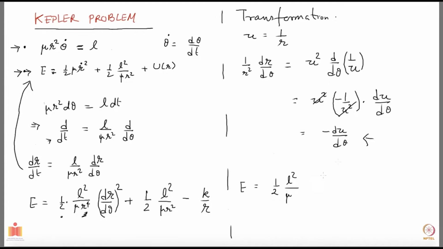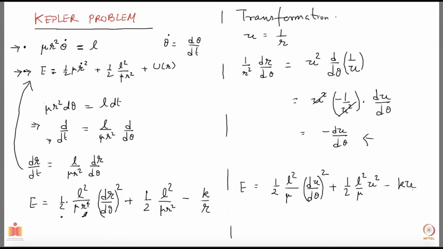And my r^4 is gone, the minus sign goes away because of the squaring, and I am left with du over d theta squared, plus half L squared over mu. 1 over r squared becomes u squared, that's correct, minus k u. Okay, it looks much simpler compared to the previous equation.